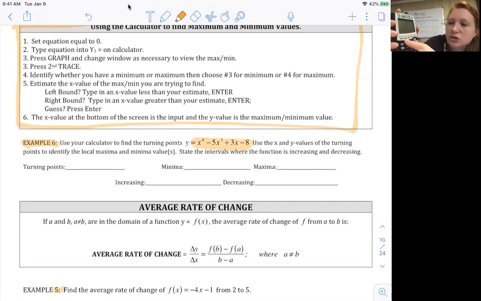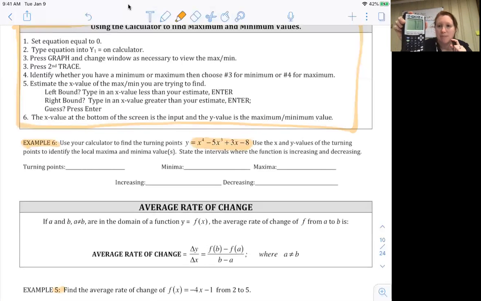So again, I'm going to go to window right here. I'm going to go to the Y min. Now I'm going to try -75. I'm thinking this is going to work because I was really close before. Yay, I can see the bottoms of my graph, okay? And I need those because I need to find the turning points. Turning points are when it goes from an increasing to a decreasing function or decreasing to increasing.